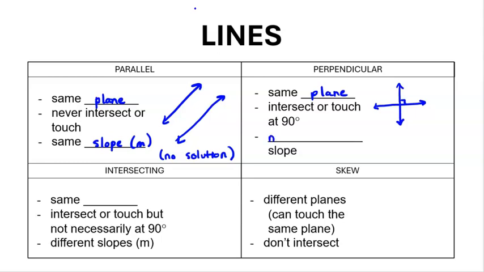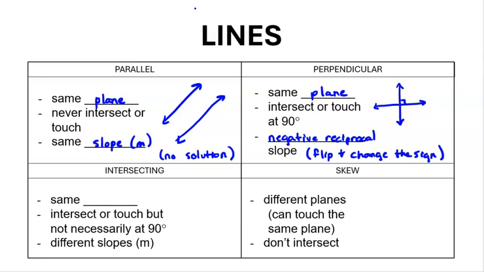And these have negative reciprocal slopes. And we'll get into that later in geometry, but that just means that we are going to flip the fraction and then change the sign of the slope. And that's how we're going to know that they are perpendicular.